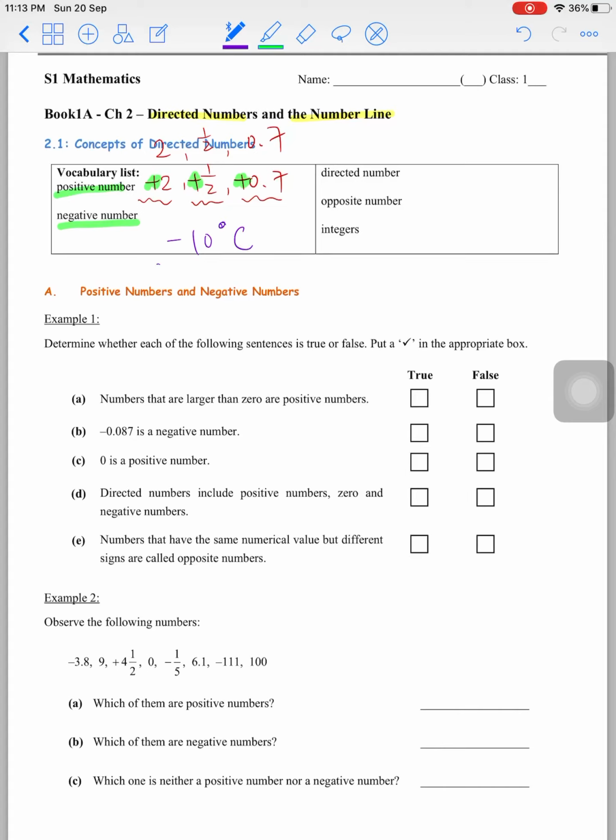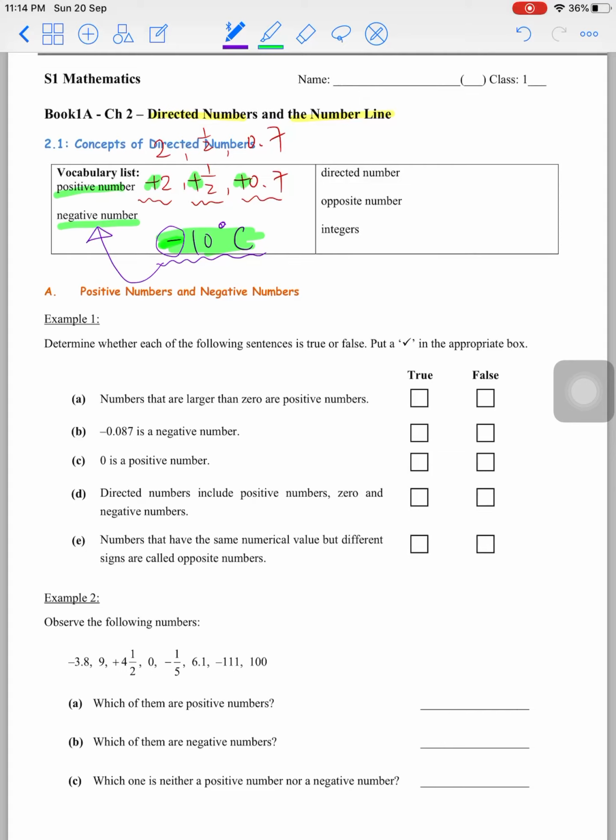Negative 10 degrees Celsius means it is 10 degrees lower than 0 degrees Celsius. Then I will write down the negative sign. This one is the negative sign here. So I read it as negative 10 degrees Celsius. This negative sign you must write down to tell me that it is a negative number.